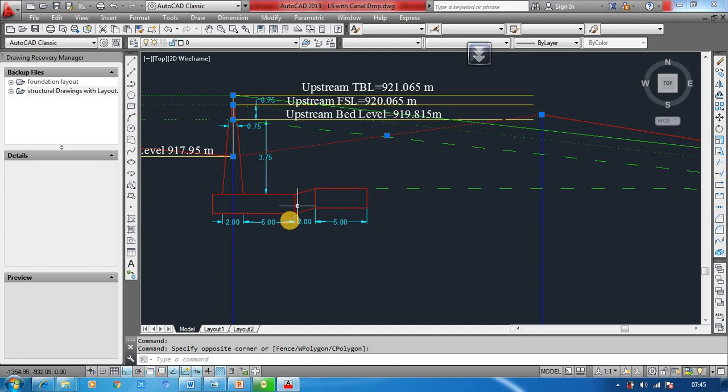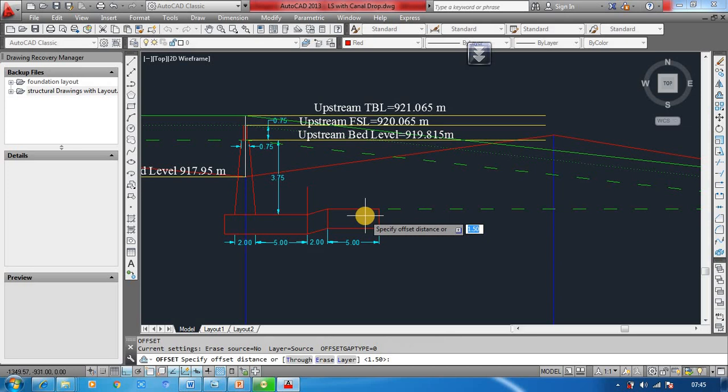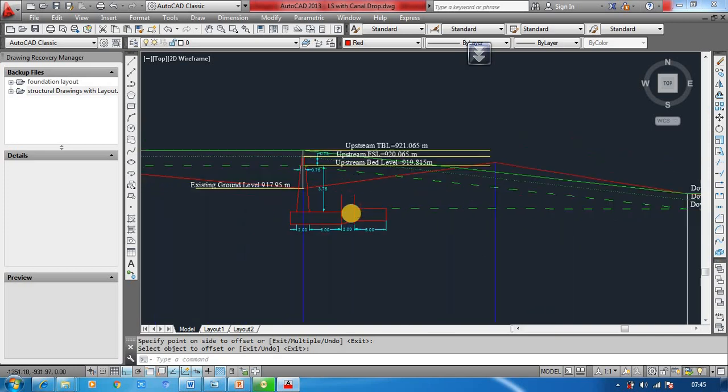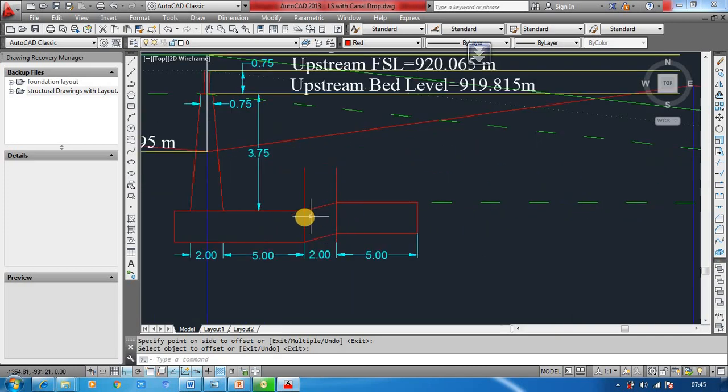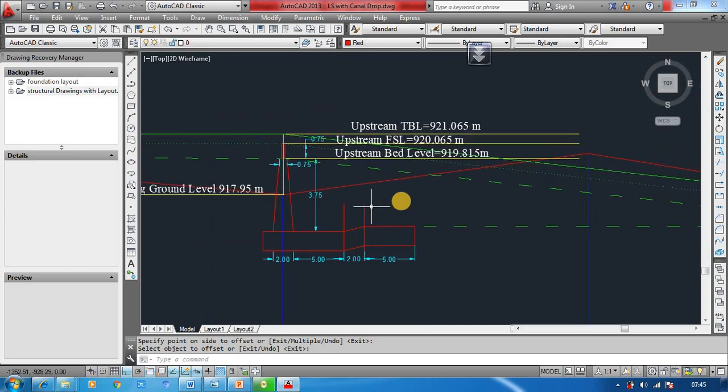Okay, do an offset of 2 meter from here to here. Extend the bed level till this 2 meter, and then join from here to here. Join this and then do offset, and from there 5 meter is the apron length you can provide.